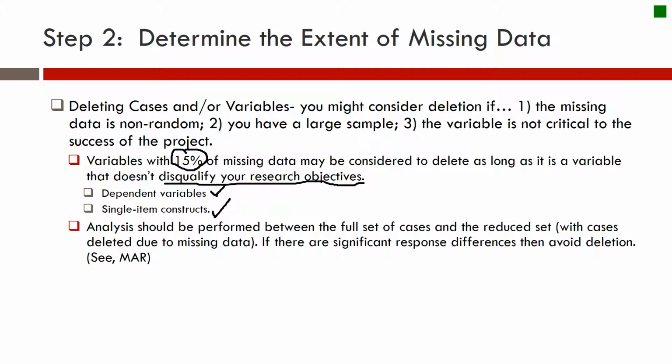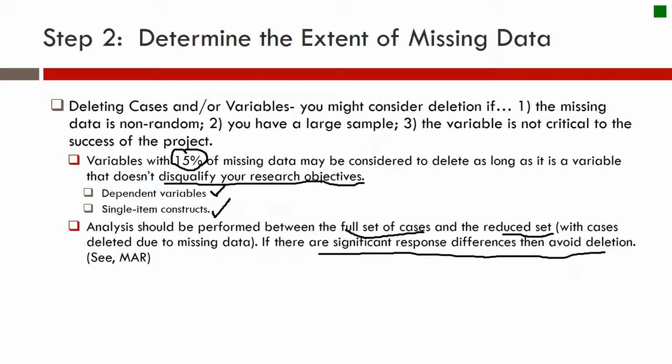So another thing that we can do is we can do an analysis where we perform our model between the full set of cases and then the reduced set of cases once we delete subjects that may have missing data in them, and we can look and see how that change is going to impact our overall findings.